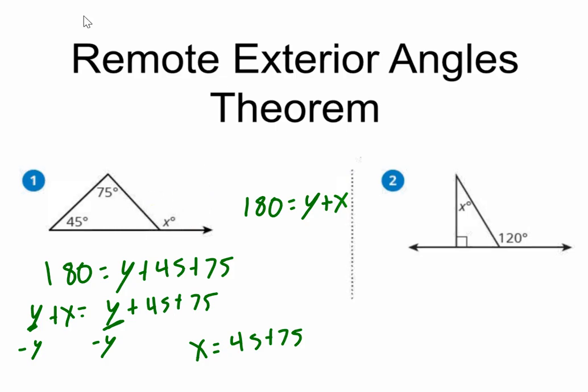If I just look at the triangle here with the exterior angle, back to my pencil, I could add up to find what this angle is. 75 plus 45 is 120.